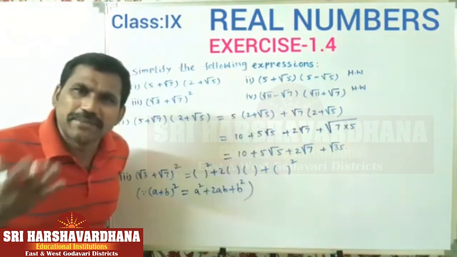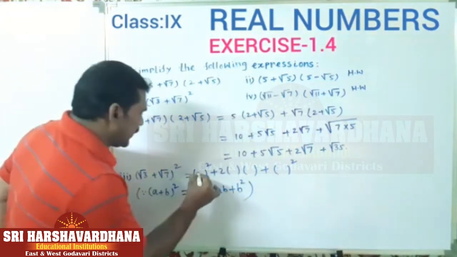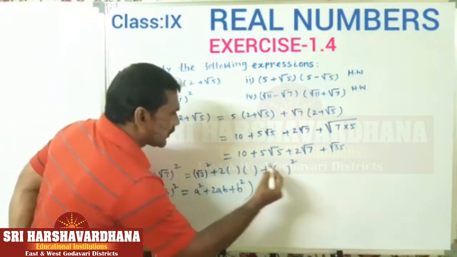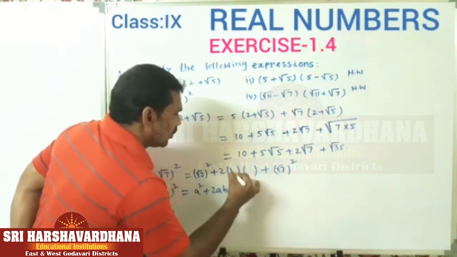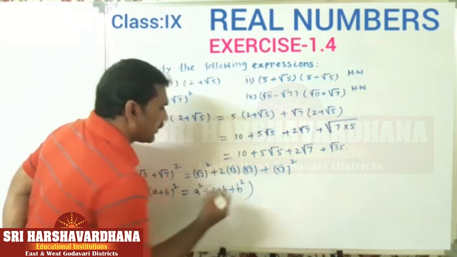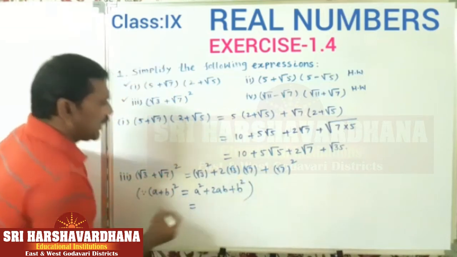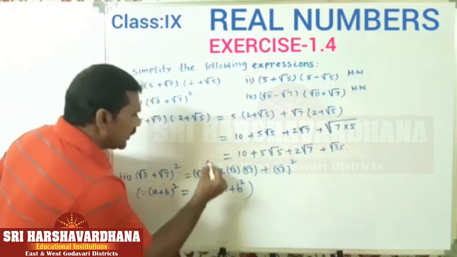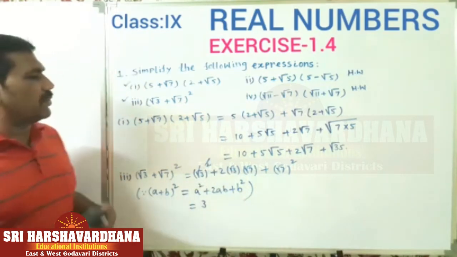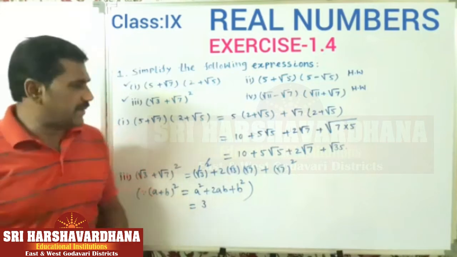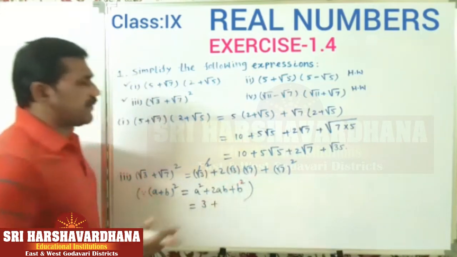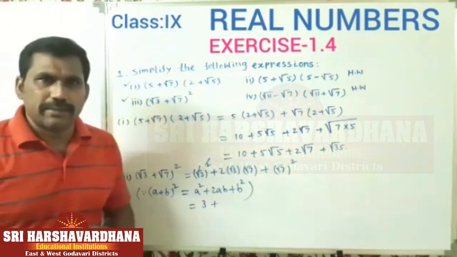What is the first term, children, here? Root 3. What is the second term? Root 7. Root 3, root 7, right? So finally square of root 3 equal to 3. Why? Because square and root will be cancelled, right? Plus here root 3 and root 7 are irrational numbers.